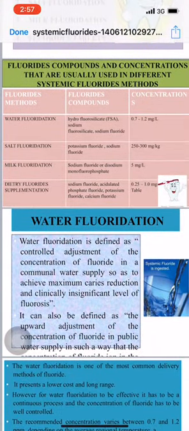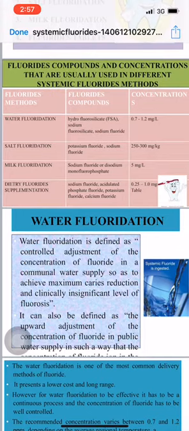Water fluoridation. Water fluoridation is defined as the controlled adjustment of the concentration of fluoride in a communal water supply so as to achieve a maximum caries reduction and a clinically insignificant level of fluorosis.